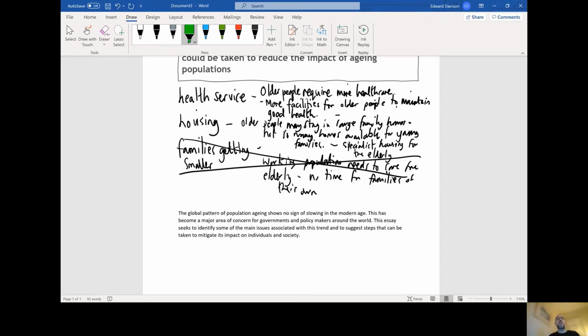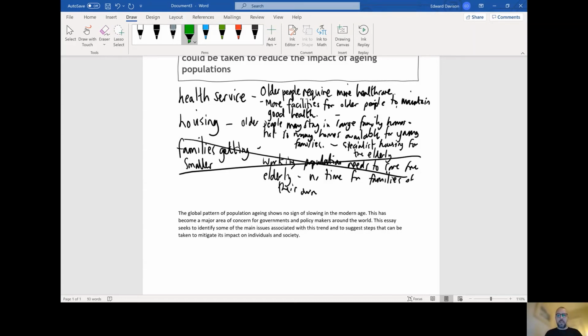Okay, introduction done. Remember, I'm going to talk about my first main body paragraph, a problem and a solution associated with the health service. And remember, also we're trying to follow a pattern where we introduce an idea and then develop an idea. So I want a simple statement to begin with to explain my idea, and then I'll develop that further.